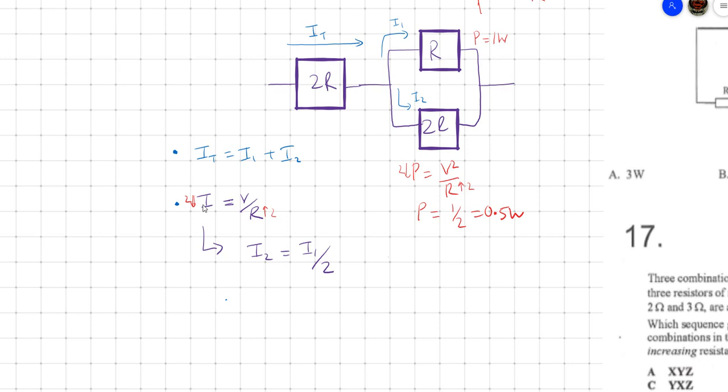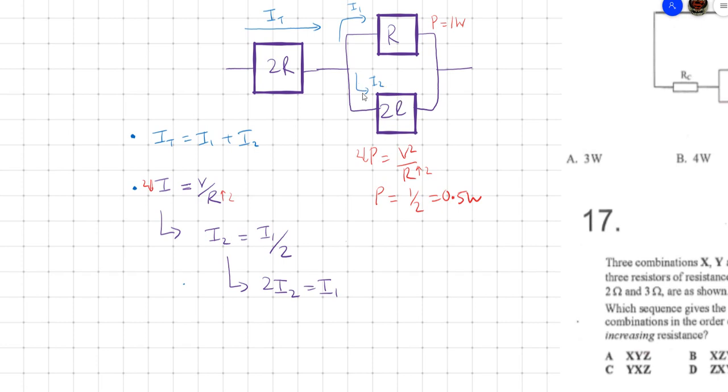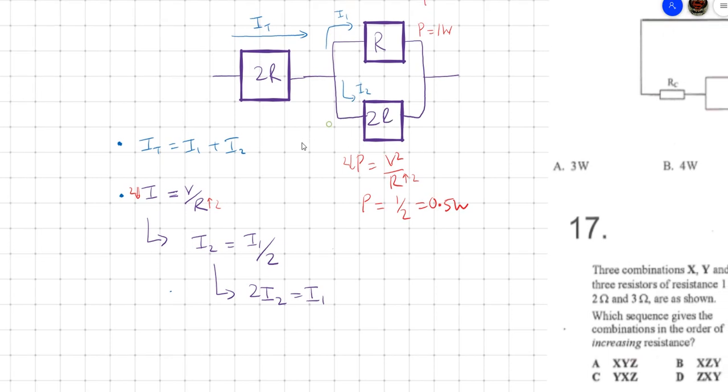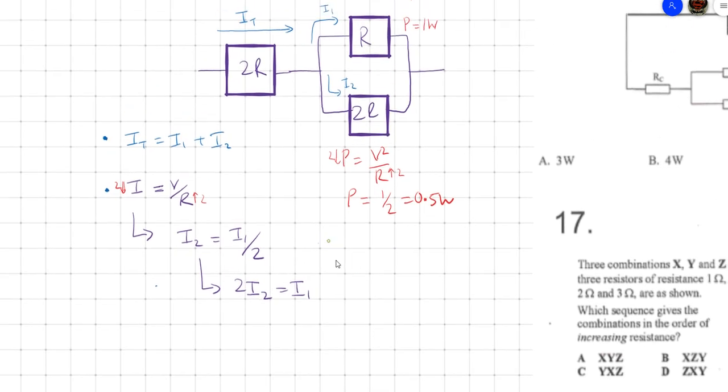So the current I2 is going to be half of the other one. This gives us a nice equation: 2 I2 is equal to I1. This makes sense, since the second branch has more resistance, so it receives half the current compared to the other one.